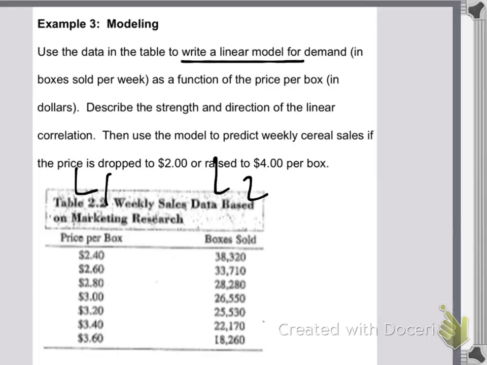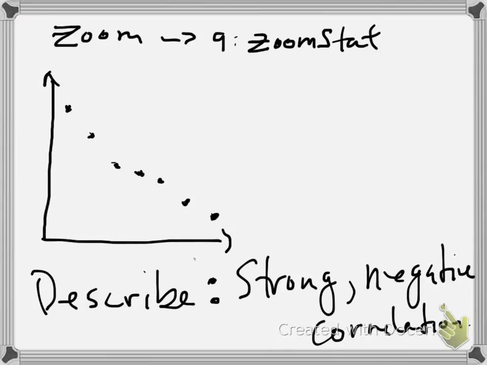Use the model that we just got to predict weekly cereal sales if the prices drop to $2 or raise to $4 per box. So we're just plugging $2 and $4 into our linear regression equation.